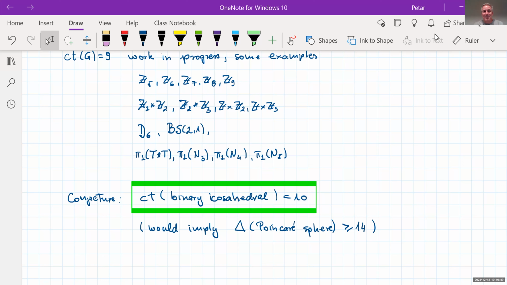Now, Sn, so the n-dimensional sphere has covering type n+2, right? Projective space, it is an open question, but it is about 2 to the n. So it was a long-standing conjecture that it is at least 2 to the n, the number of vertices.